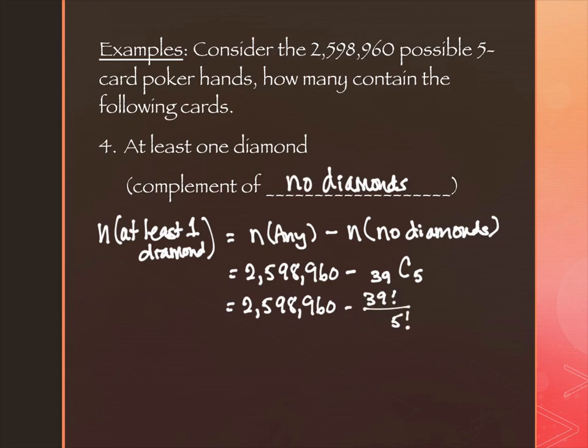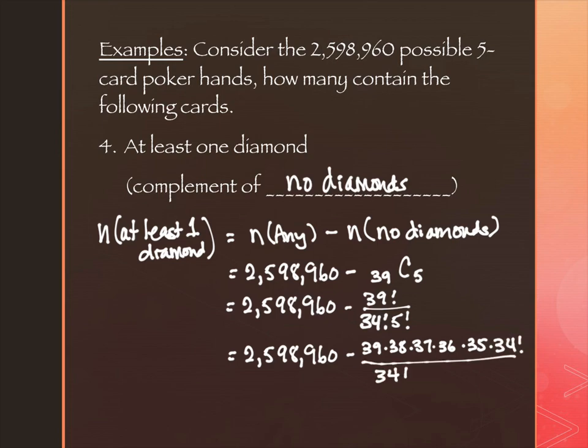I'm choosing 5, so how many am I not choosing? 34. So we'll write down our 39 till we get to 34. And then our 5, 4, 3, 2, and 1.